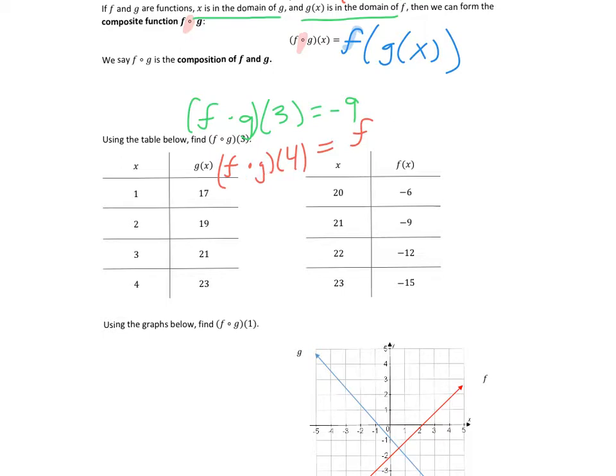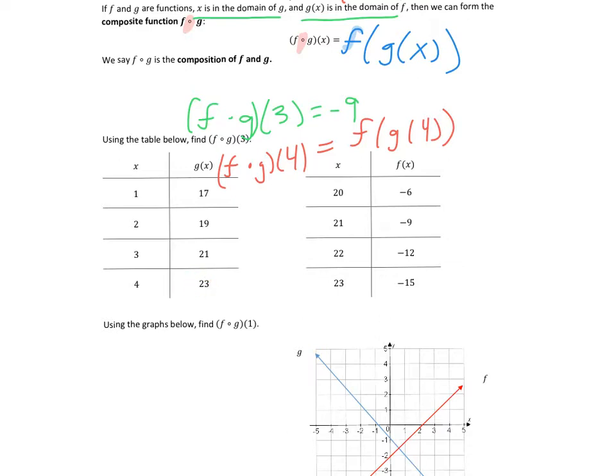So we work from the inside out. So we start with x equals 4, and we plug it into g. So let's figure out what g of 4 is first. So x is 4, g of 4 is 23.